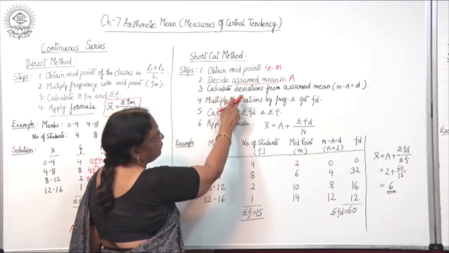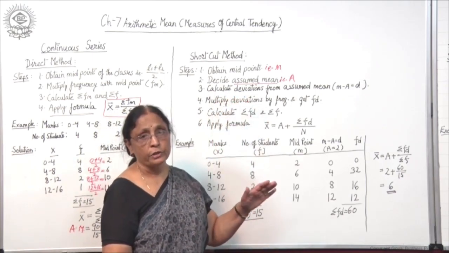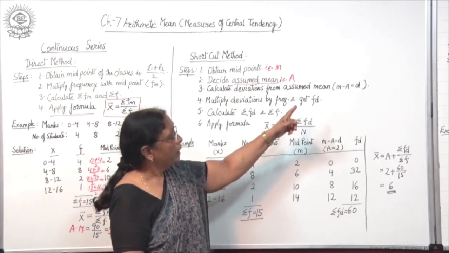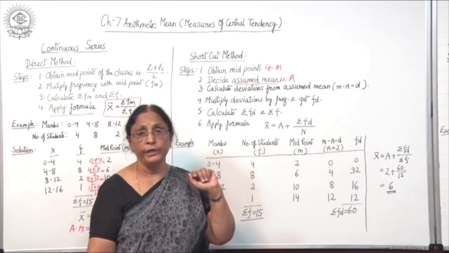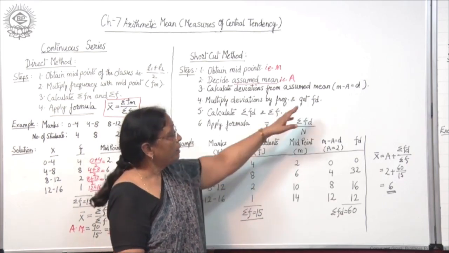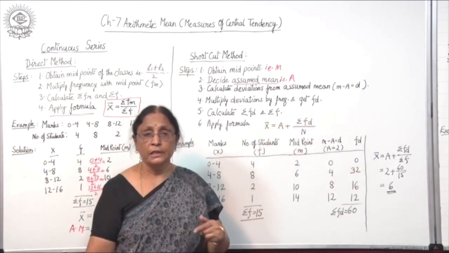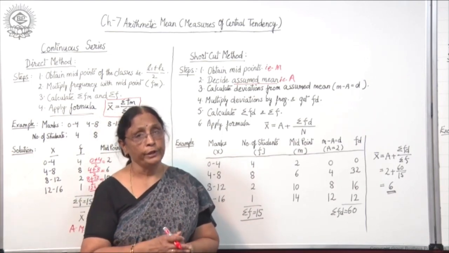Third, calculate deviations from the assumed mean. You have to take out the deviations from the mean. This will be M minus A. Remember, in the case of the direct method we did x minus A is equal to D. Here we are writing M minus A. Why M? This is the same as the x column, but here we have taken the midpoint.